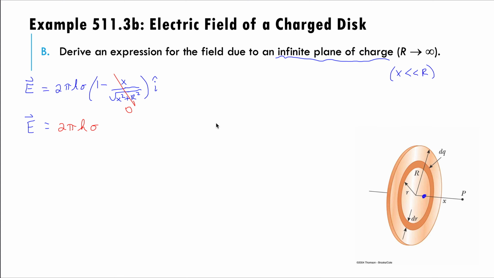And then using the relationship between Coulomb's constant and the permittivity of free space, where the permittivity of free space is 1 over 4 pi ke, we can also rewrite this as sigma over 2 epsilon 0. And so that is the electric field due to an infinite plane of charge, and we're actually going to see this again, so this is going to be a very useful result.